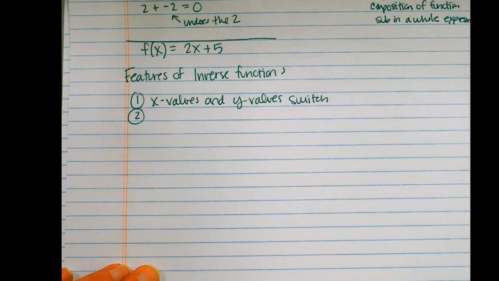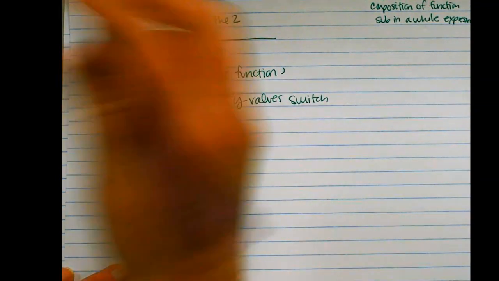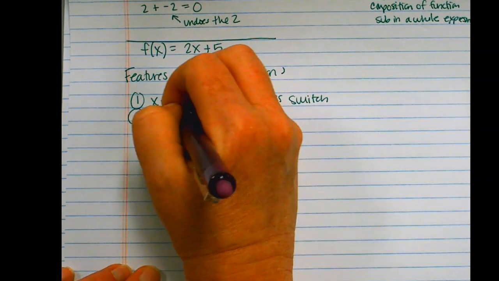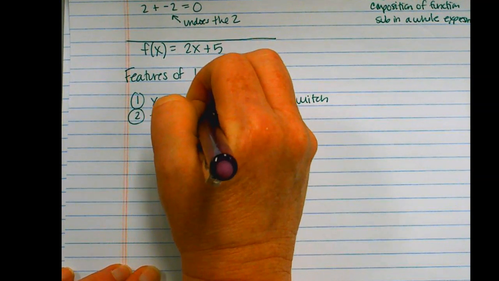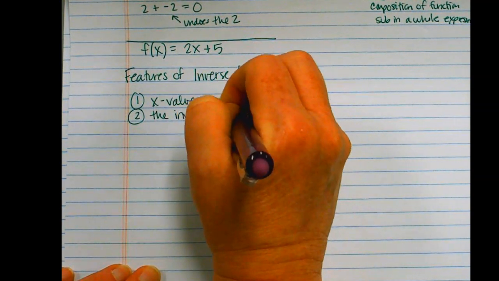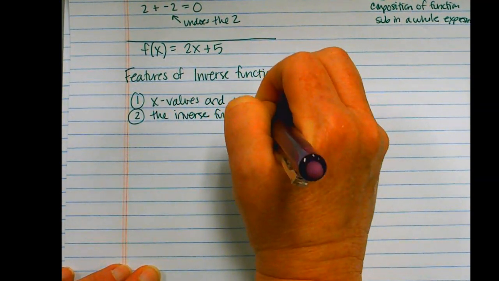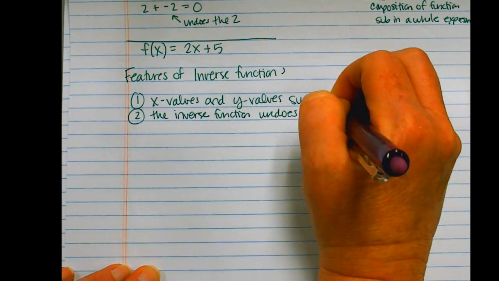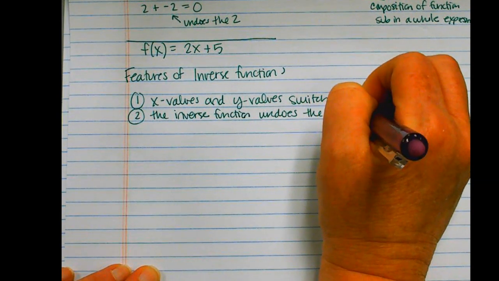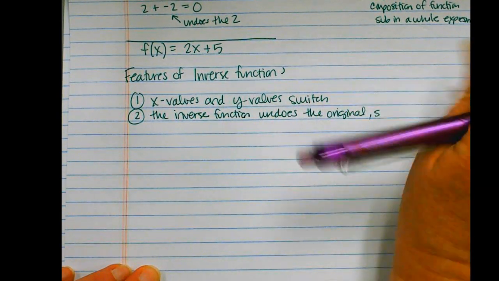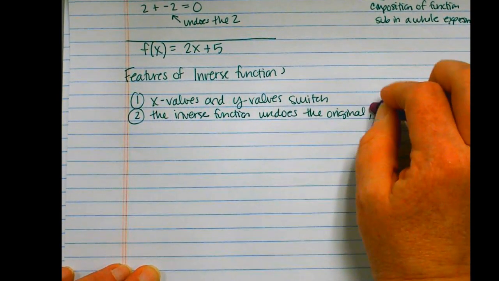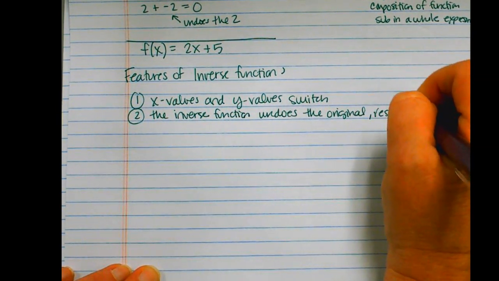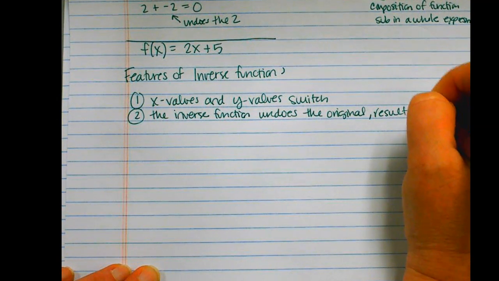Because they've switched, the inverse function undoes the original, and the result is x.